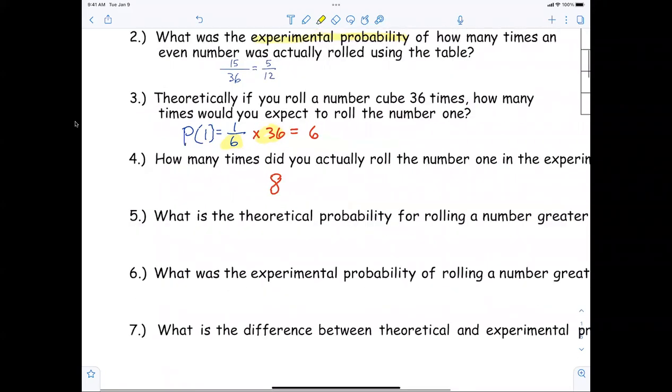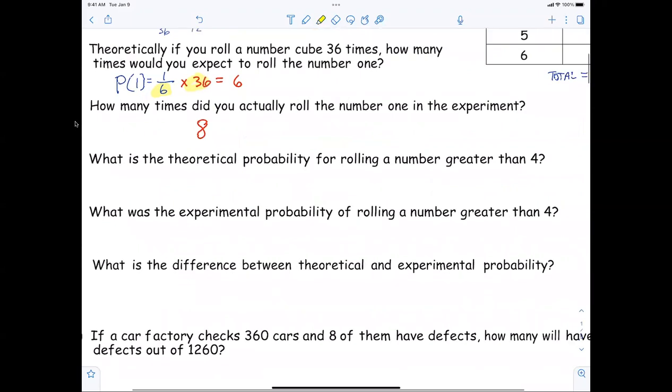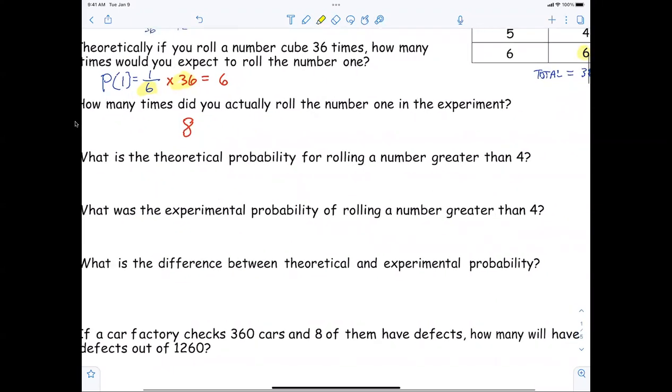All right, here we go with number 5. What is the theoretical probability for rolling a number greater than 4? No, what's the theory? Tell them. Why 2/6? 2 out of 6 are greater than 4.